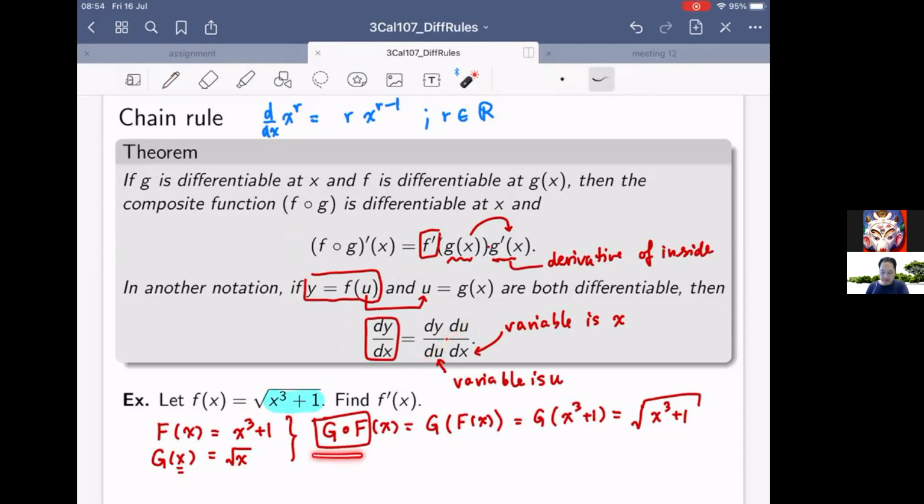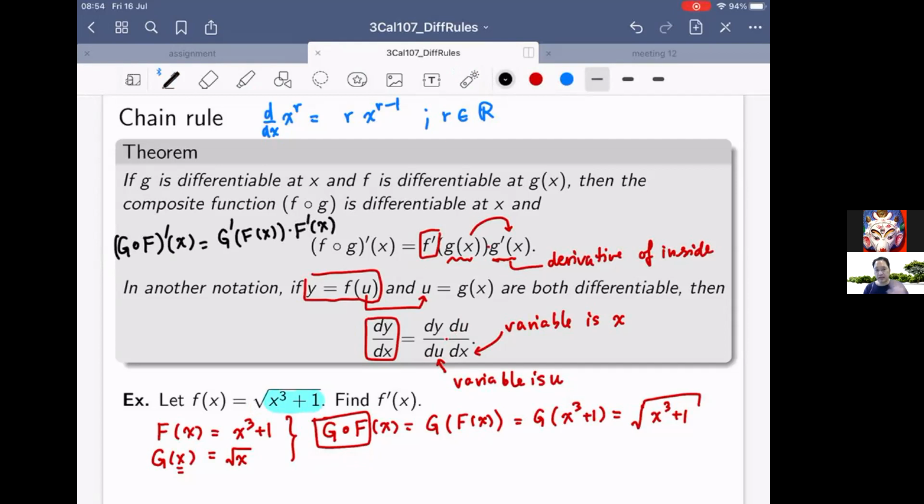However, the one that I just wrote down depends on g of f. So it is just the other way around: if we talk about g of f of x, it means that you find the derivative of the one outside, which is g now, and then you replace your x by capital F of x, and then multiply by the derivative of the one inside, which is f prime.